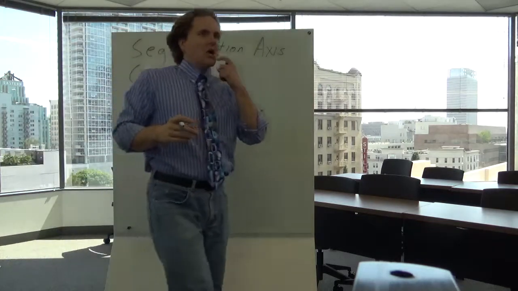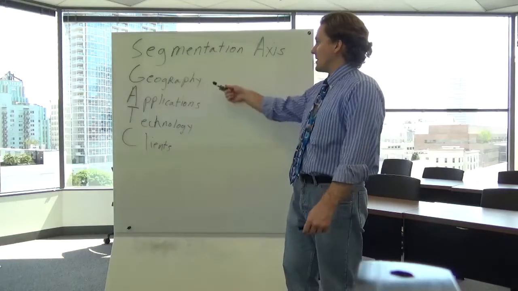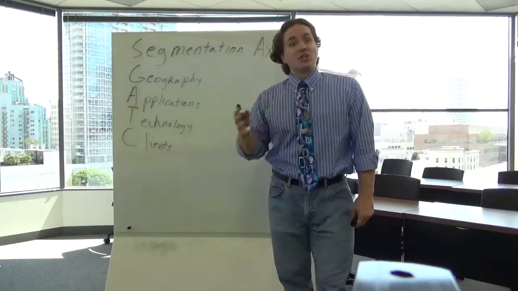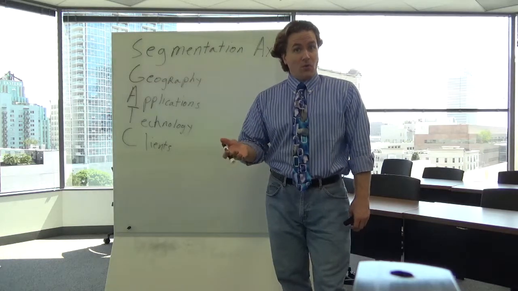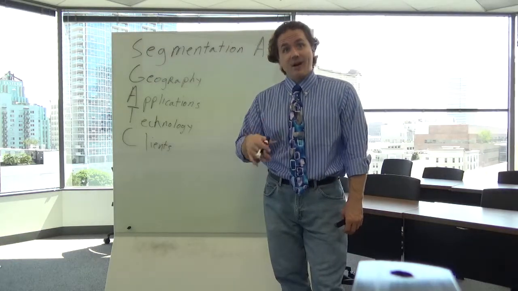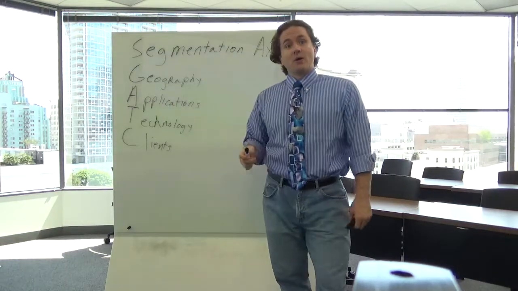So again, geography, when you look at who your local competitor or who your local competition might be, you might look at it within a specific geographic region. So you could talk about city or county level, or even a neighborhood possibly, like within a 5-mile radius. You could talk about national and international level competition as well.